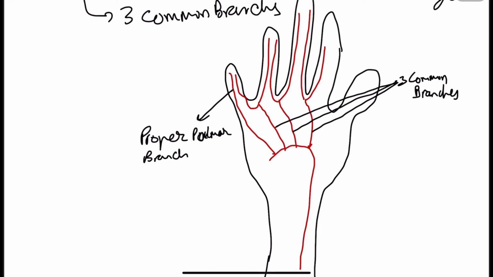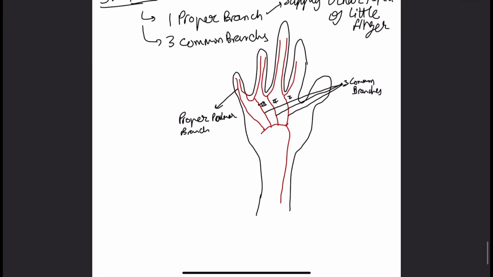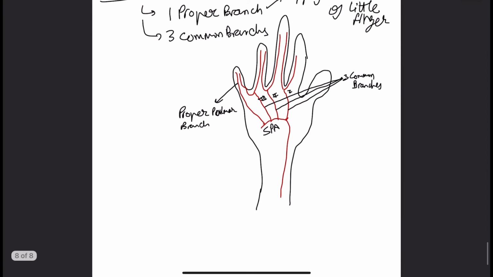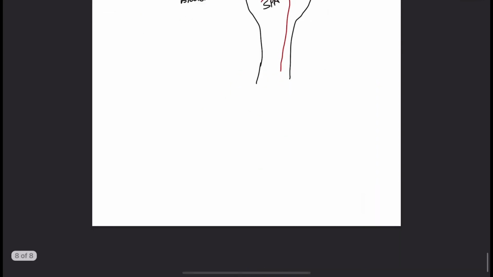These are your common branches, 1, 2, 3. Okay, so this is your superficial palmar arch. It supplies the medial 3.5 digits of your palm.